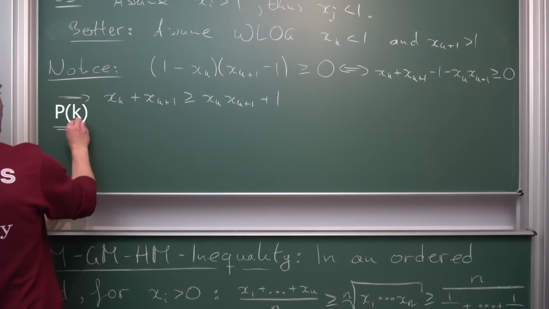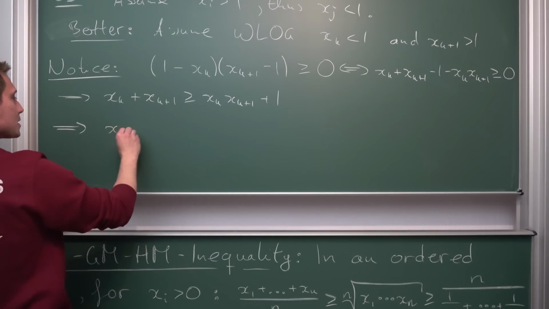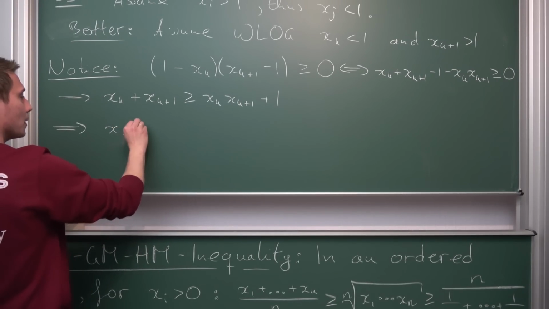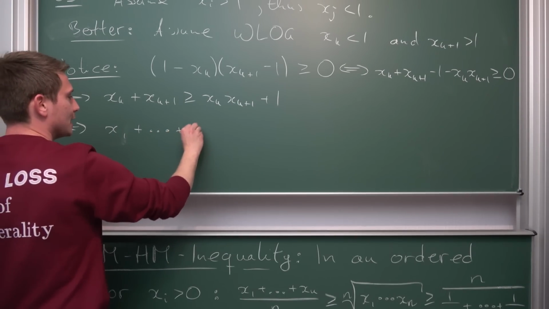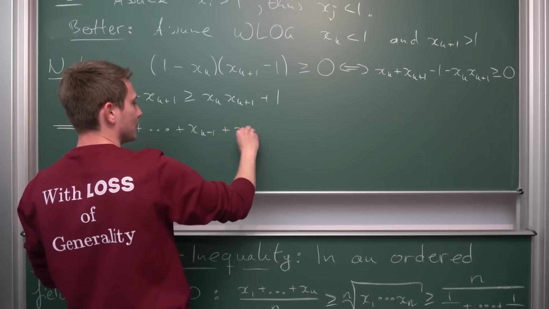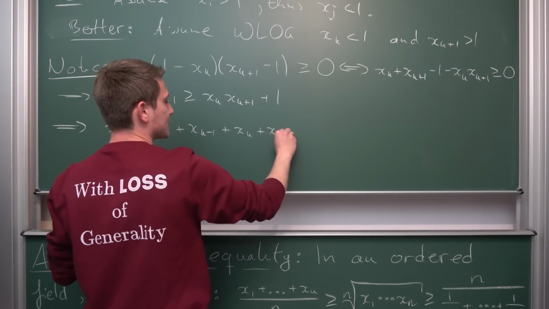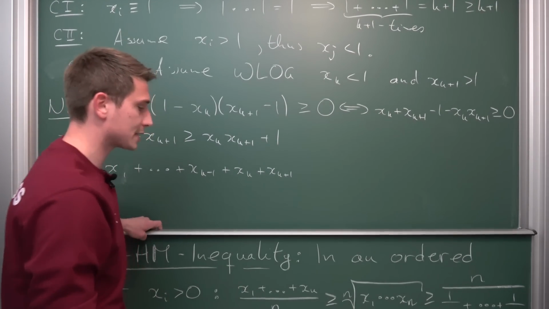Meaning, this also implies that now that our first statement holds, that x1 plus ... plus xk minus 1, and then plus xk plus 1 is... And now we are going to take a look at what we still got here.